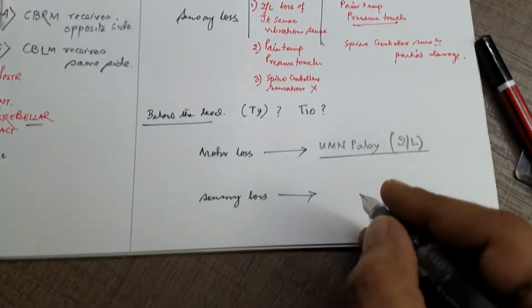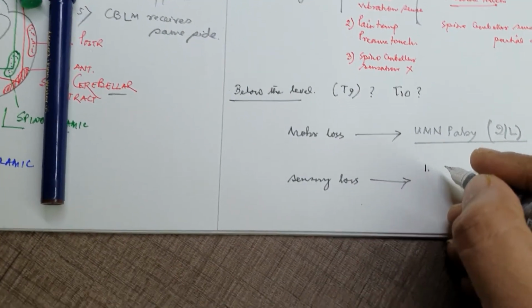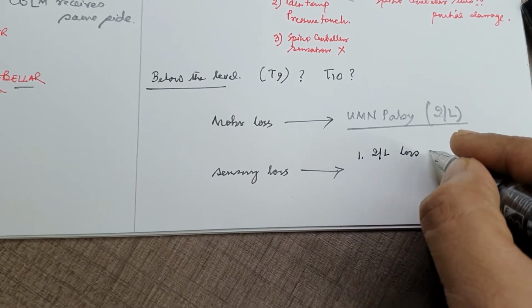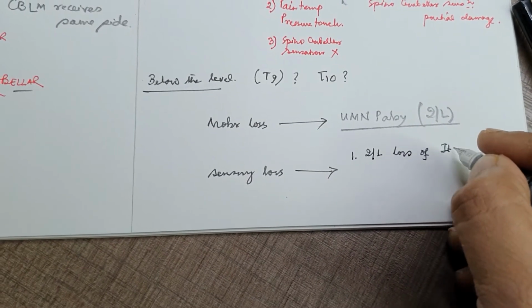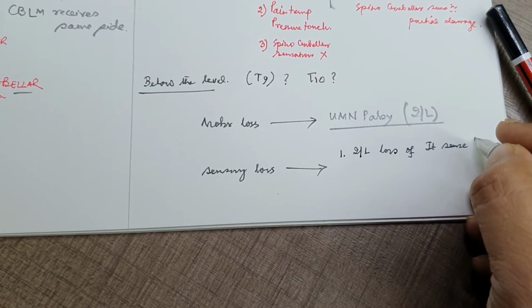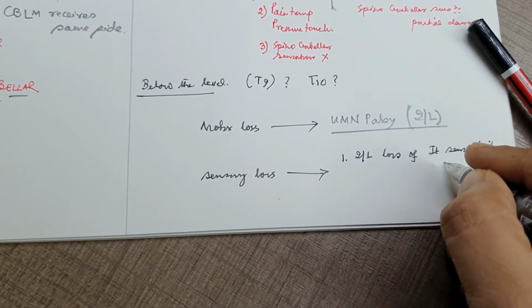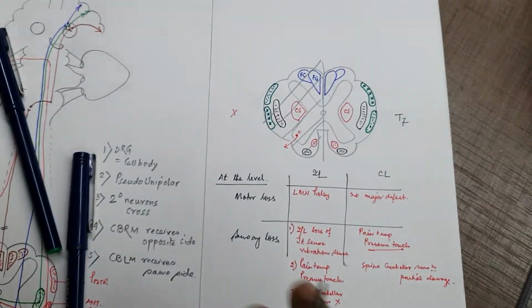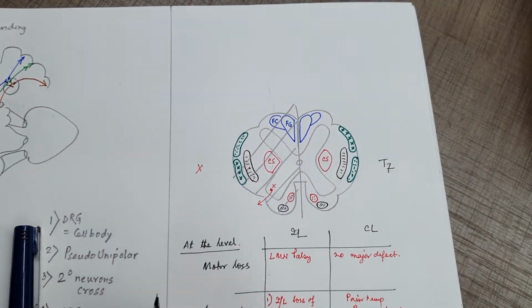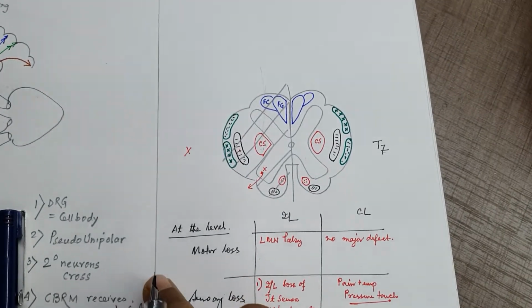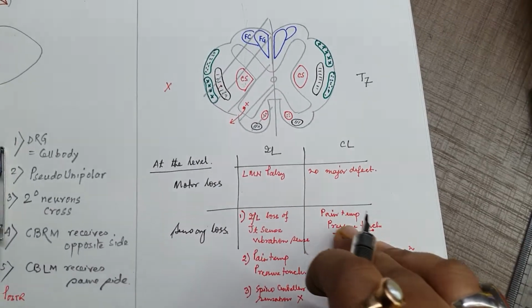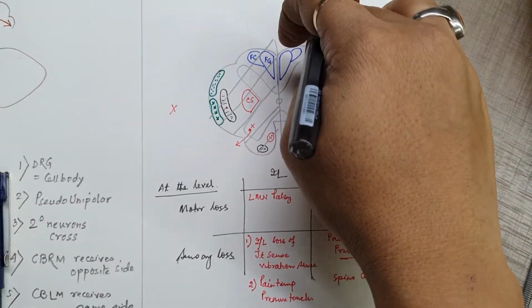So number one, ipsilateral loss of joint sense, vibration sense. Spinothalamic sensation from the lower side will cross and ascend.